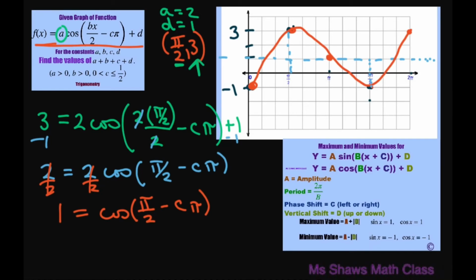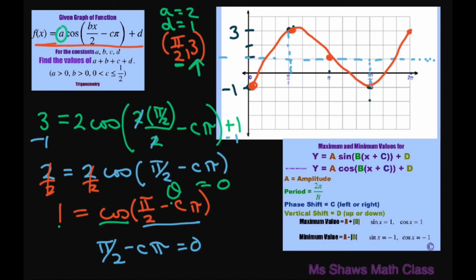All right. Therefore, let's look at this. Pi divided by 2 minus c times pi equals 0, because if this is your theta, cosine of theta equals 1 when theta equals 0.